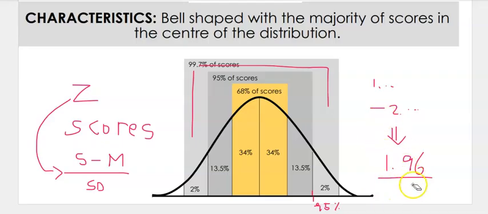When the z-score is 1.96, that means it falls within the 95%. If it's less than that, it is inside the standard deviation 2 area. When it's over 1.96, you will consider that it is beyond standard deviation 2, that is, more than 95%.